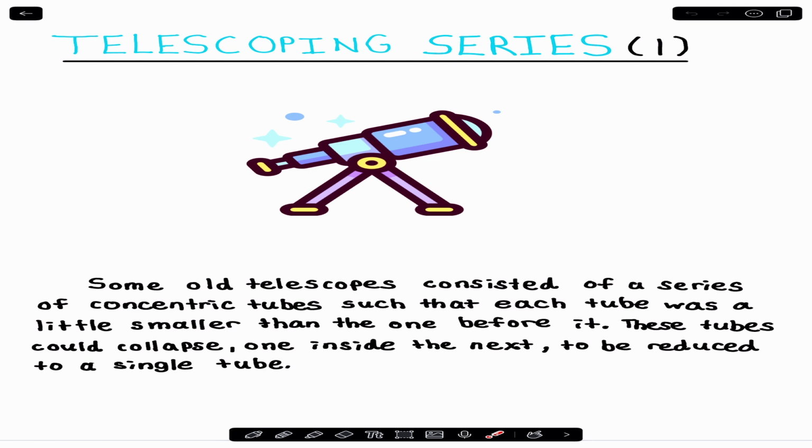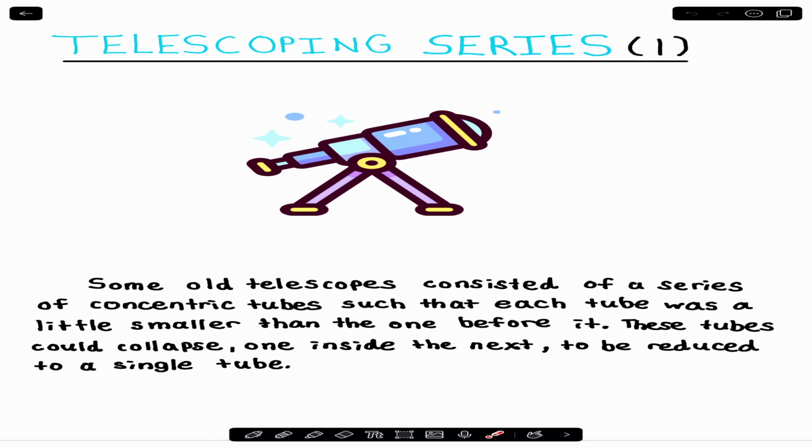So you can imagine if we were to collapse this thing, this small tube would basically go into this one, and this one would go into this one, and it would just keep going until in the end, we basically just have a single tube. And that's basically the same idea for the actual telescoping series.